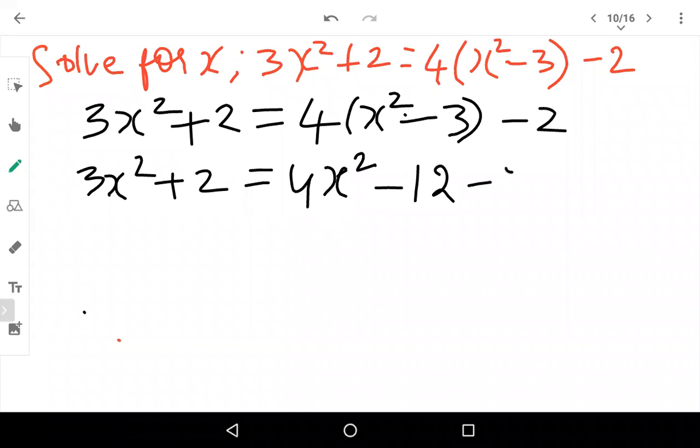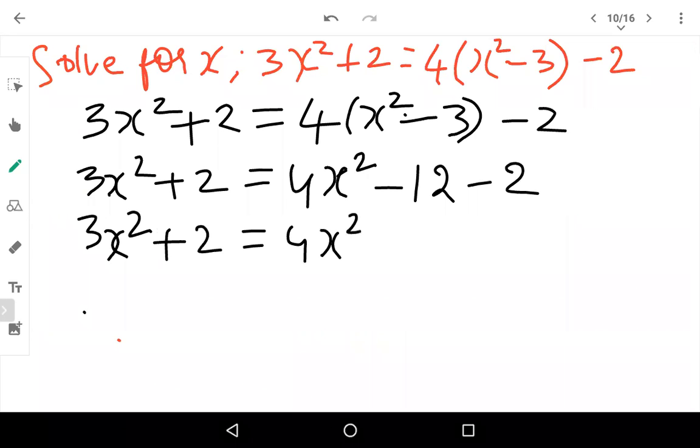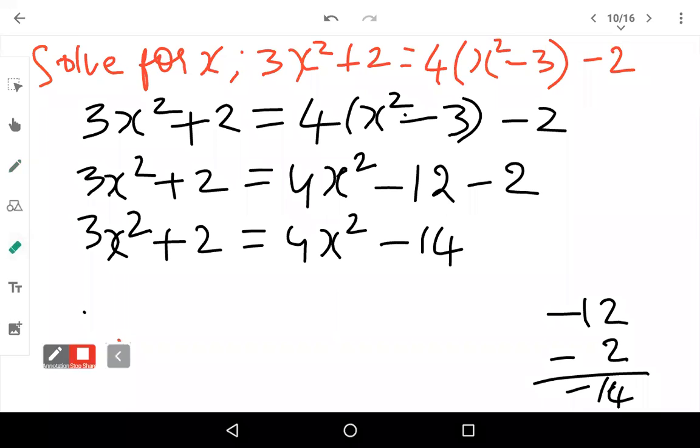And then minus 2 is there. Then 3x square plus 2 is equal to 4x square minus 12 minus 2, which will give me minus 14.